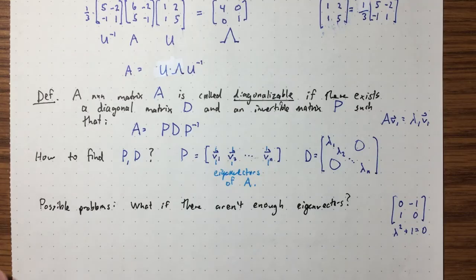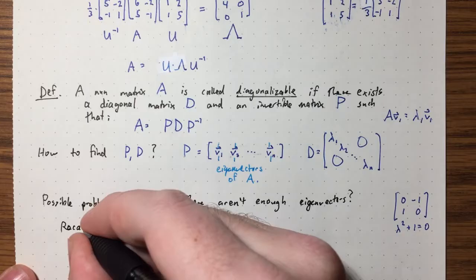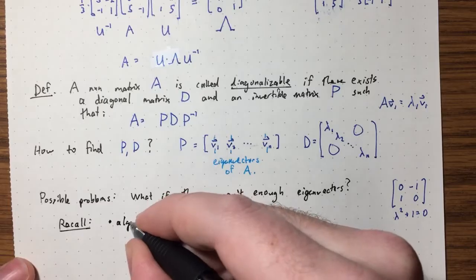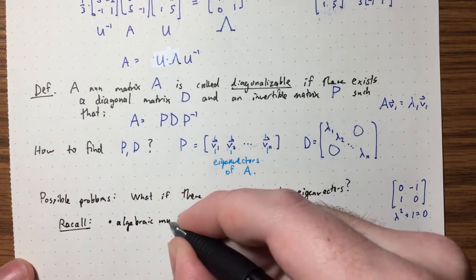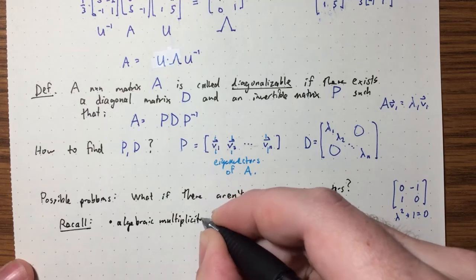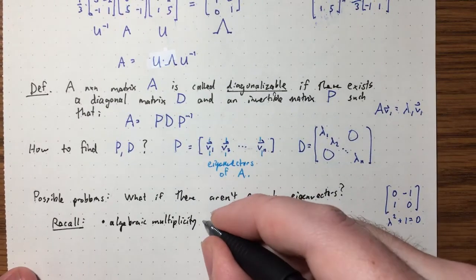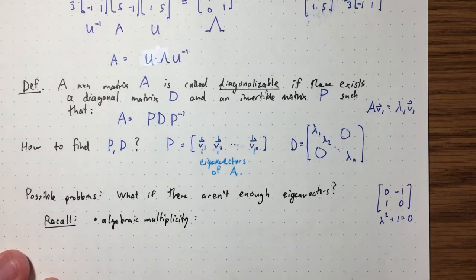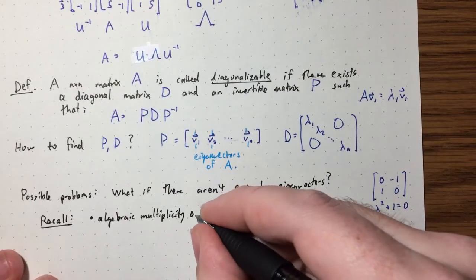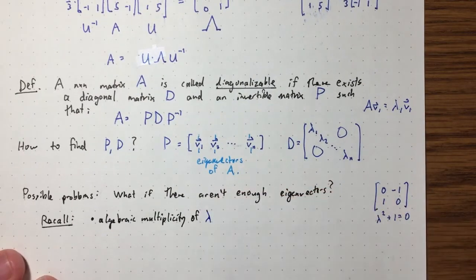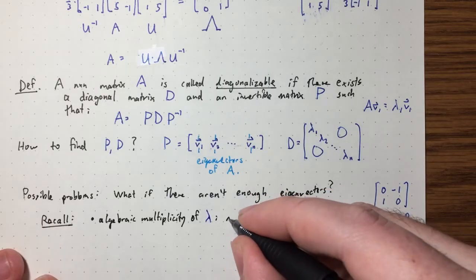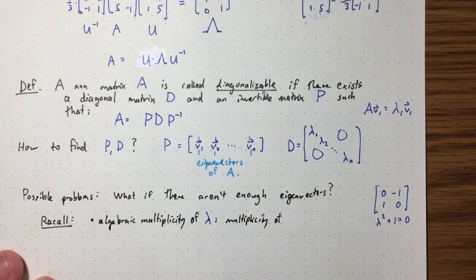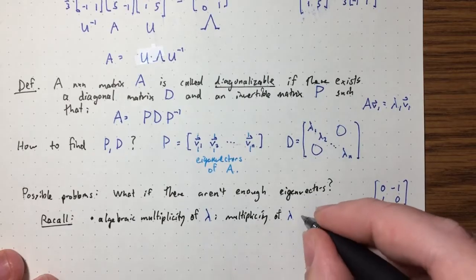But we had another problem also, which was, let me actually recall these concepts, because these are a little bit tricky. Remember we had the idea of algebraic multiplicity and geometric multiplicity? Let me remind you what those are. The algebraic multiplicity of an eigenvalue is the multiplicity of this lambda as a root in the characteristic polynomial.